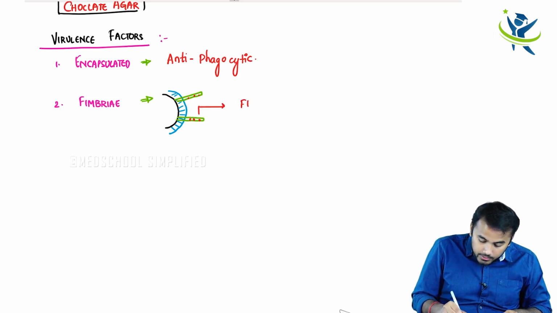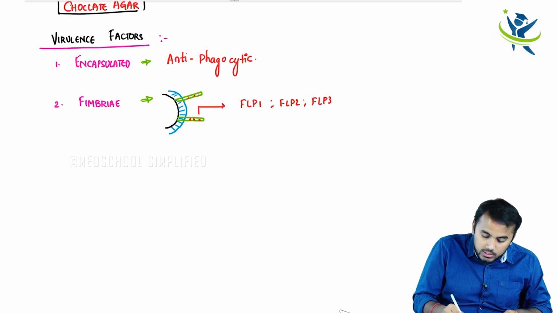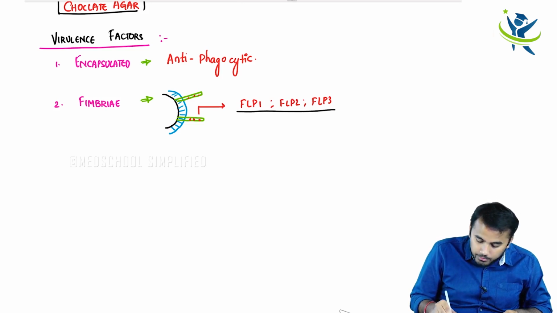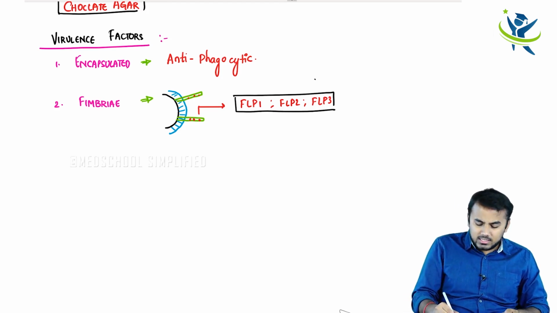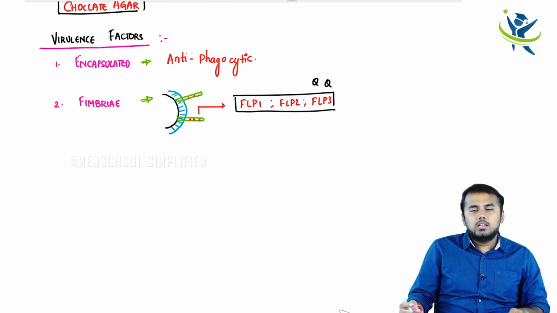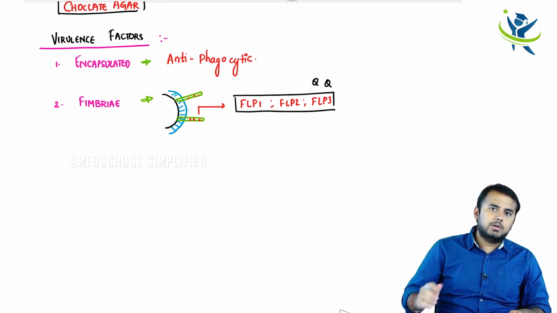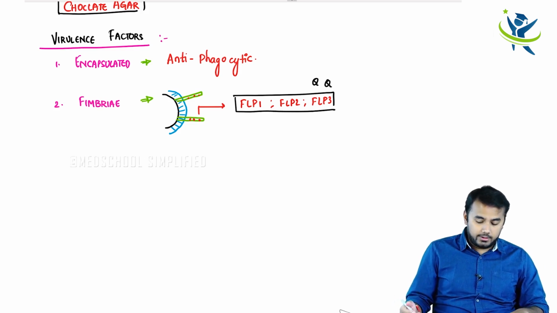They are FLP1, FLP2, and FLP3. So these are the basic three types of fimbriae proteins located in the fimbriae. But anyways, this is just for an MCQ. The function of fimbriae is that they are responsible for attachment to the host cell, right? So attachment to the host cell is also a virulence factor.